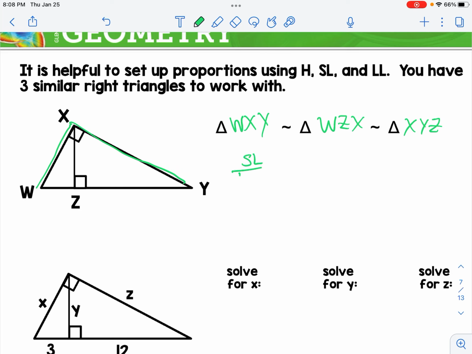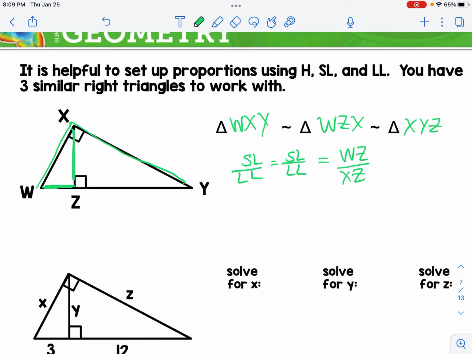If I did short leg over long leg on one triangle, that would be short leg over long leg on another triangle. So I could set up the ratio to find the similarity between the two things. If I was doing that, that would mean WZ over XZ.